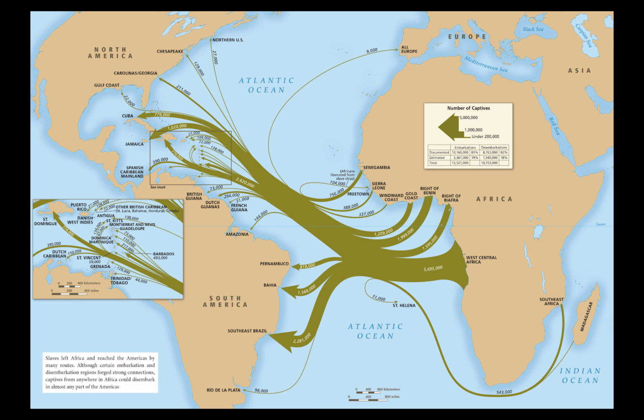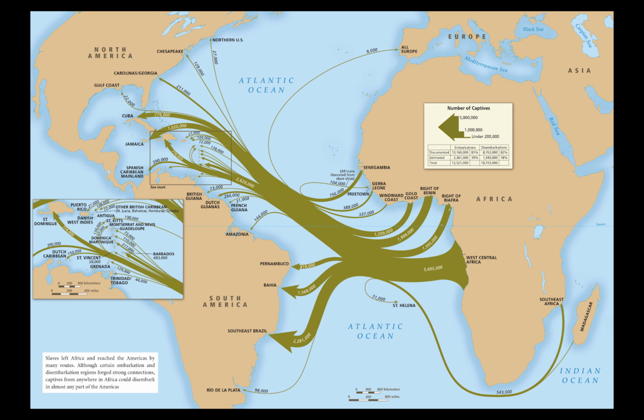You can see the millions of enslaved Africans that were brought to the Americas, totaling at least 10 million plus, right? And you can see most of those enslaved Africans were going to Brazil, parts of South America, and the Caribbean.